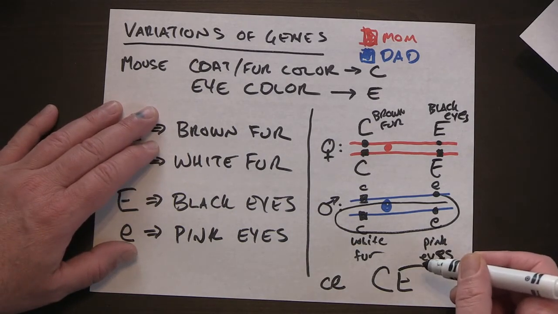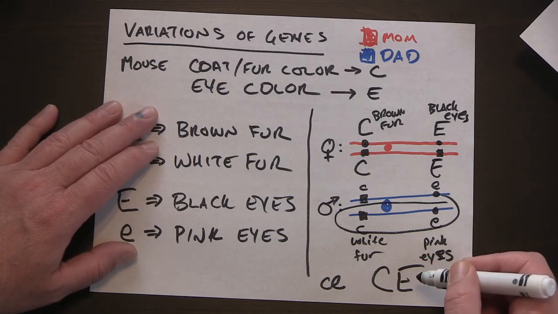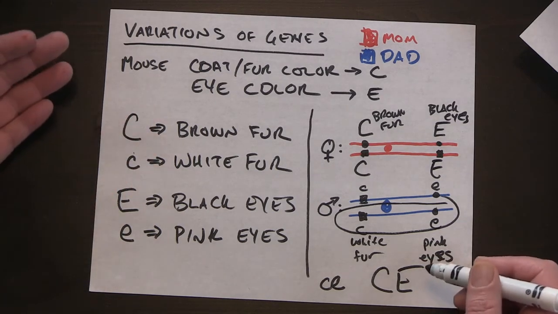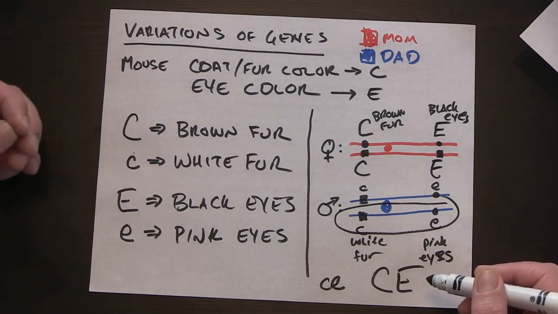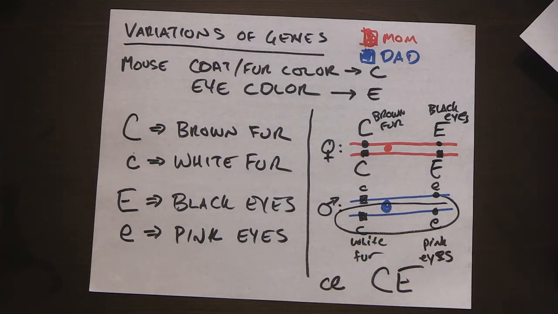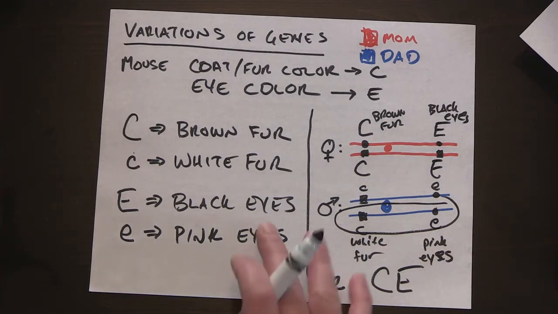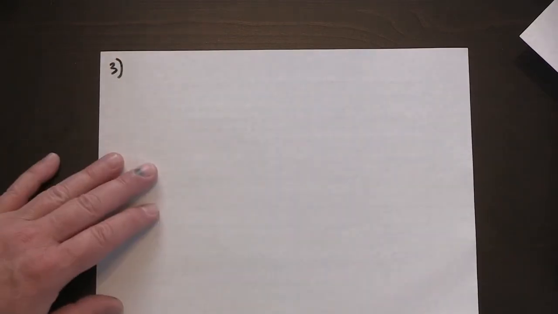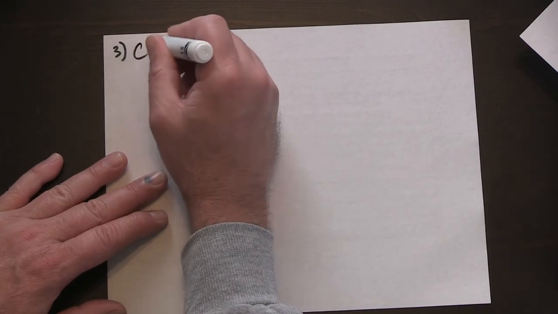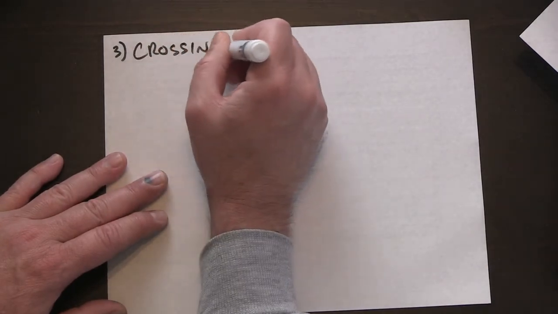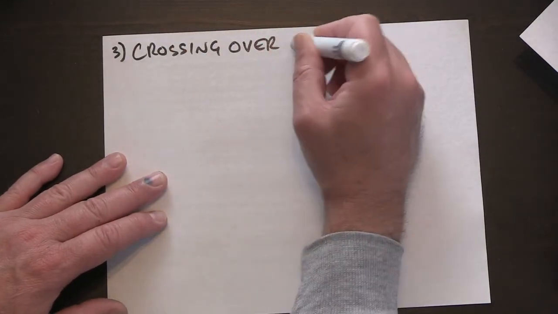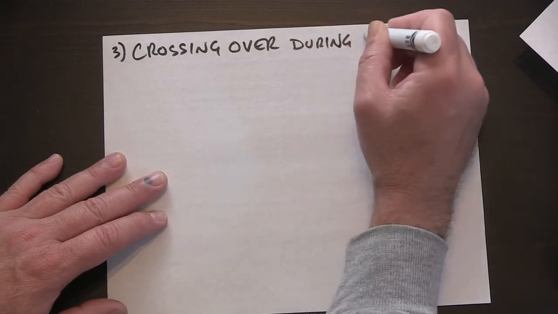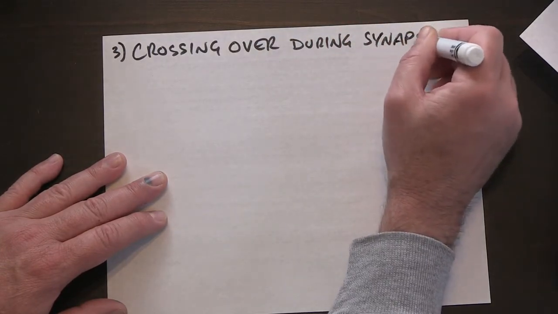But that's not what happens in real life. Remember, the chromosomes will cross over and exchange segments of them, right? So the third source of variation is in crossing over. During synapsis.